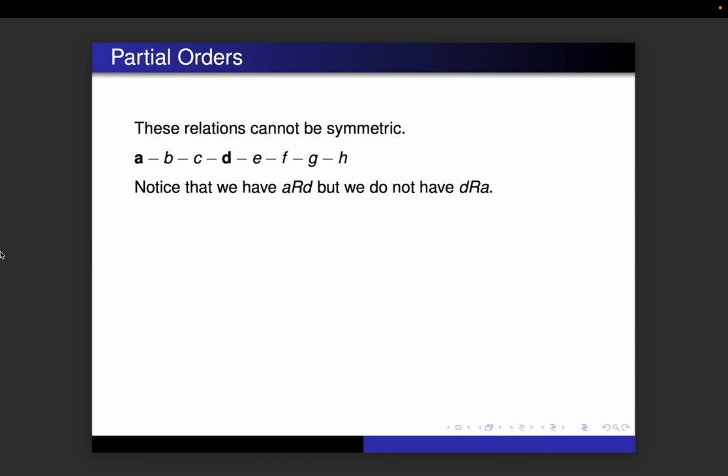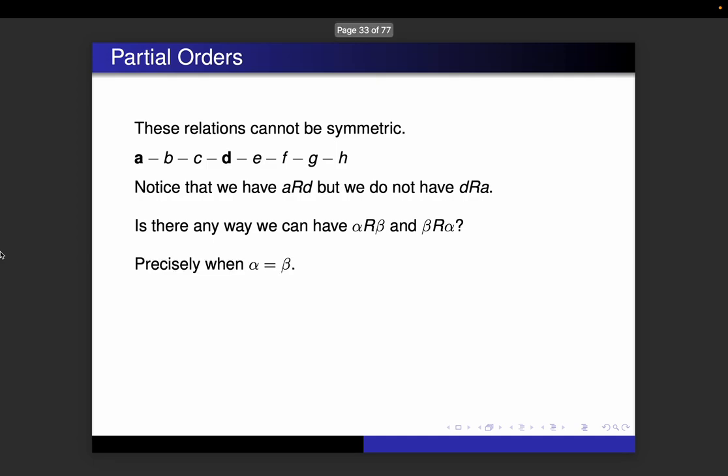Once you choose which one's first, you can't have them both come first. So is there any way that we can have alpha related to beta and beta related to alpha? Well, if alpha and beta are different, we certainly can't. But because our relationship is reflexive, we can do that when alpha is equal to beta. And in fact, that is the only situation where that can happen.